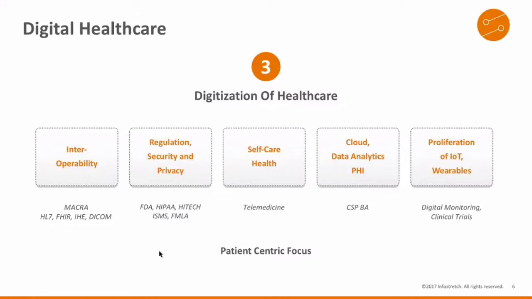The last one is the proliferation of IoT wearables. When we talk about the smart device, it has now evolved into wearables. In the past few years, we have seen lots and lots of emerging technologies around IoT with the help of wearables. IoT is the Internet of Things.